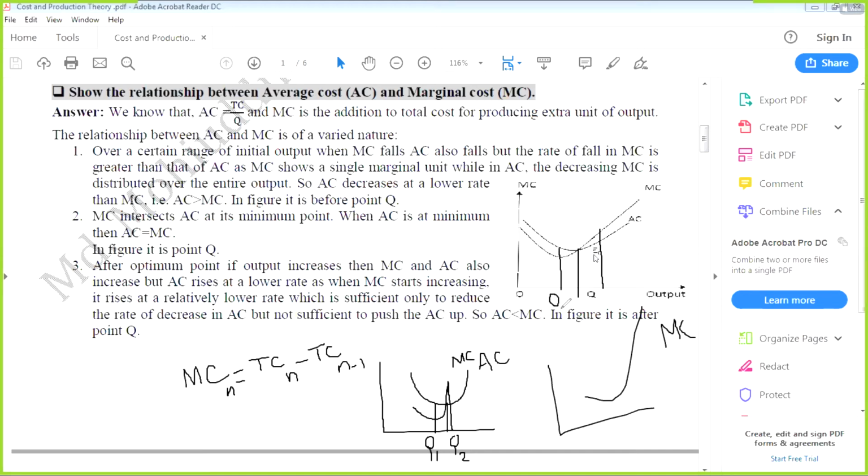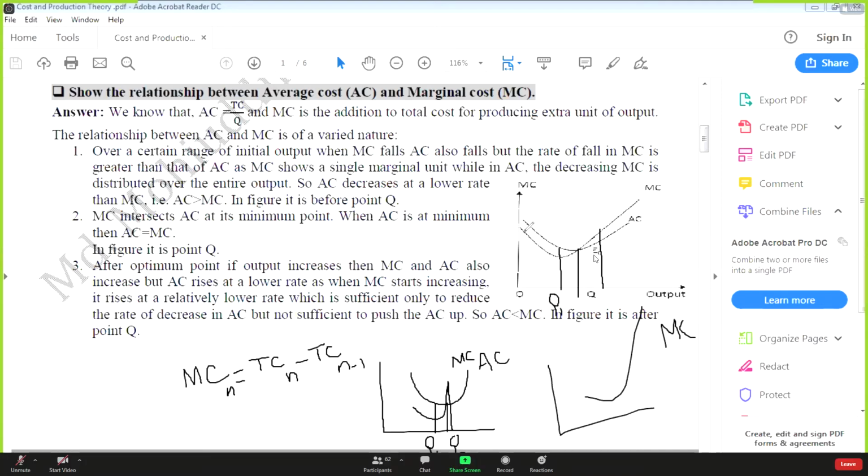This is Q1. In this Q1, at first look at the shape of average cost and look at the shape of marginal cost. At the level of output OQ1, what have we found? Marginal cost is also decreasing, average cost is also decreasing, isn't it? Yes, sir.